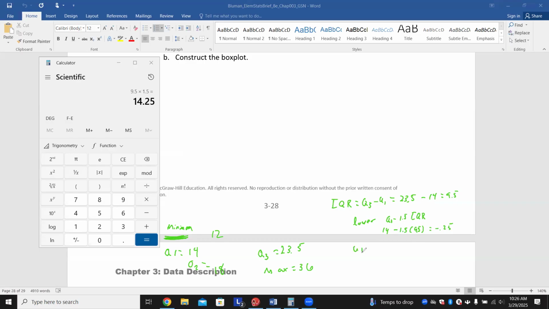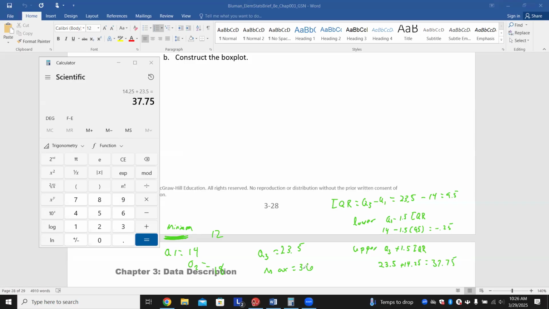And then my upper would be Q3 plus 1.5 IQR. In this example, this would be 23.5 plus 14.25. So I'm just going to add 23.5 to that, and I get 37.75.